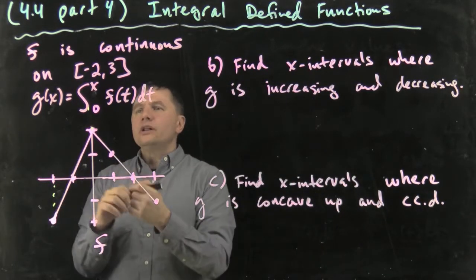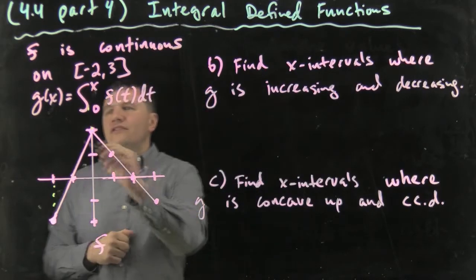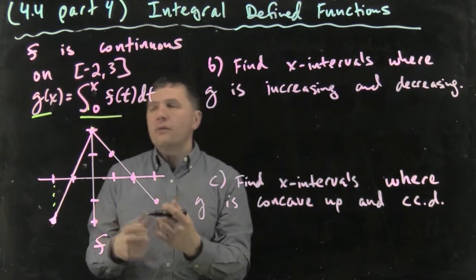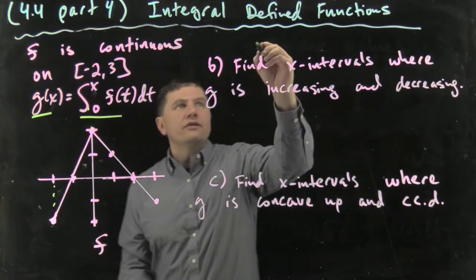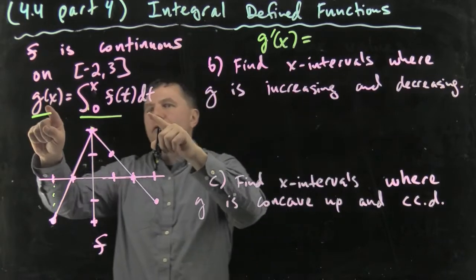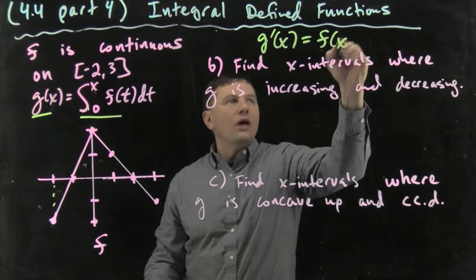So what we want to realize is that as soon as I see this notation, and we talked about this, this is the fundamental theorem of calculus, we want the derivative of this. So what I know is g prime of x, the derivative of g, is actually equal to f of x.